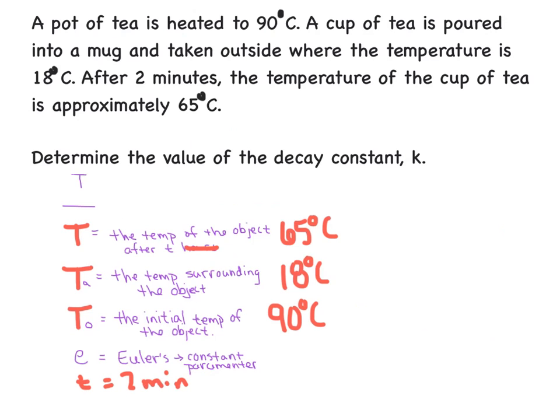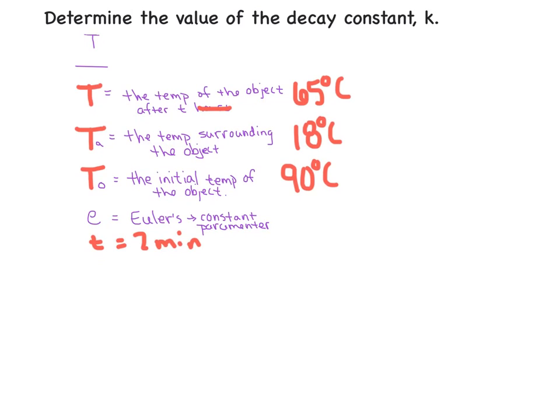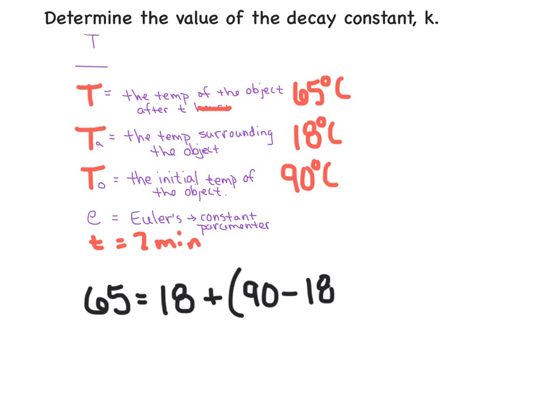So let's see if we can get everything plugged in here, and then we'll talk about solving for k. I'm going to substitute the 65 for capital T, and then 18 for T sub A. In parentheses, I've got the original temperature minus the ambient temperature, and that's being multiplied by e raised to the negative 2 times k.